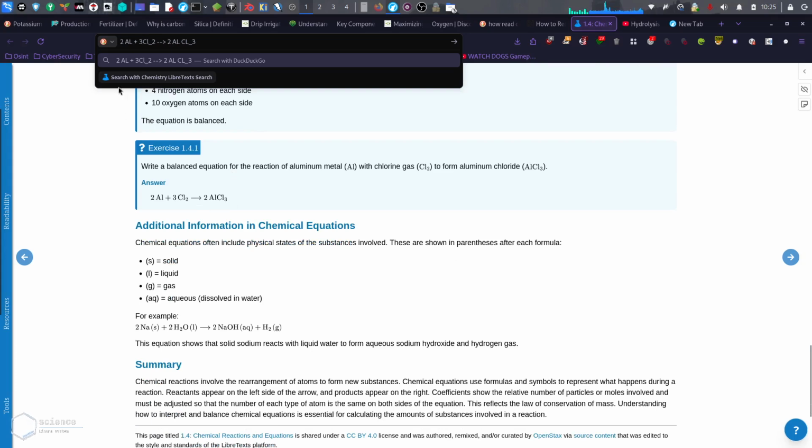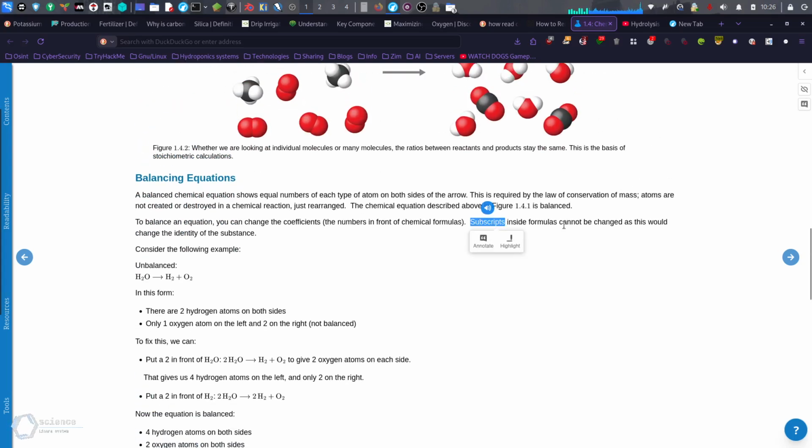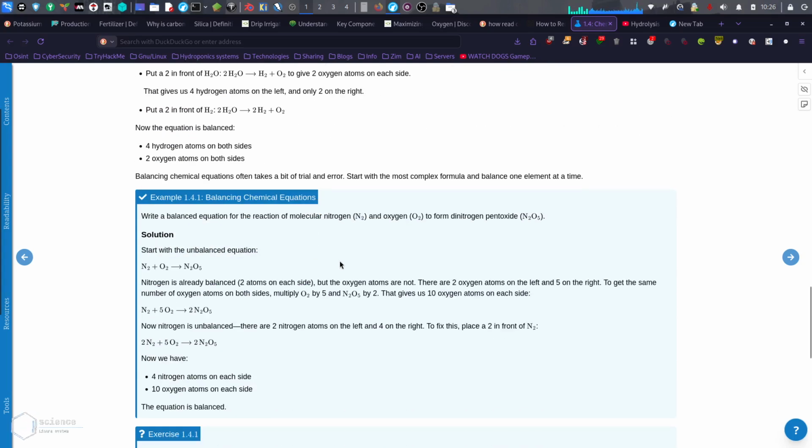And check the answer: 2 aluminiums, 3 chlorines, 3 by 2 is 6 chlorines. 6 atoms, and here 2 by 3 is 6. Yes, this is the correct equation, but I made a mistake with subscripts. Inside formulas they are not changed.